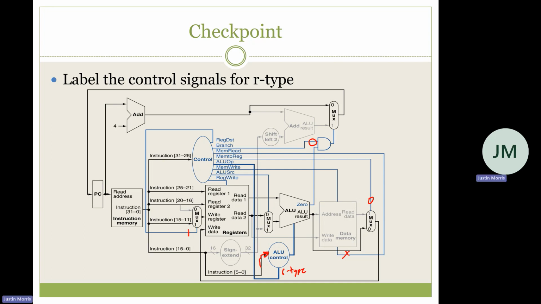So the 2-bit code is not super important. The functionality is what is important, right? And then if it's a branch, what does it need to do? It's supposed to subtract, because it subtracts and then detects if the output is 0 to see if they're equal.